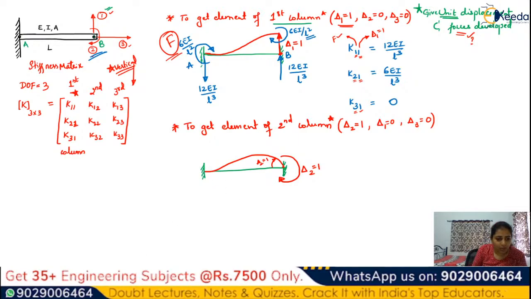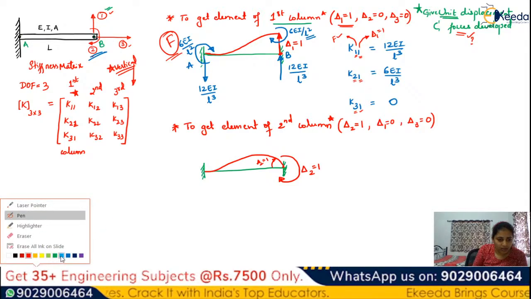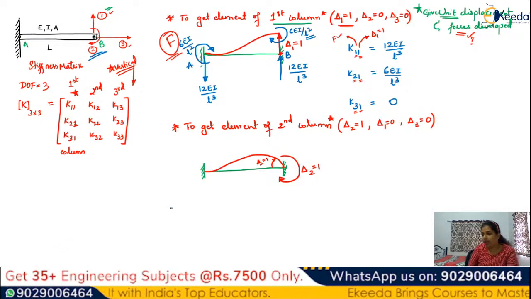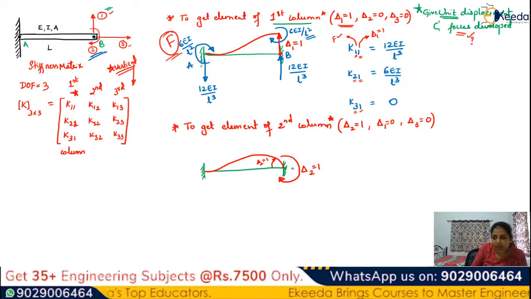So in this case, what will happen? So the forces developed here. See here we are giving a unit rotation. Now here we had given a unit displacement vertically up, but here we are giving a unit rotation.